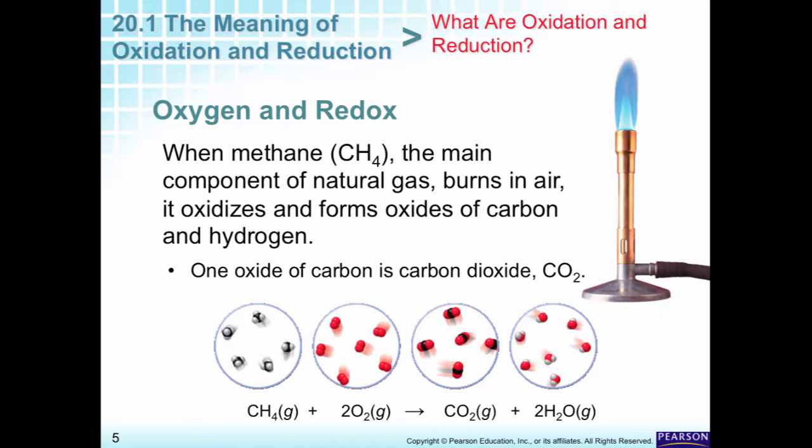It actually forms carbon dioxide. So oxygen is actually reacting with it. This is one of the first ideas of what we were saying with oxidation. So we're getting new products. In this case, of course, since we have a combustion, our products are always carbon dioxide and water. We learned that a long time ago.